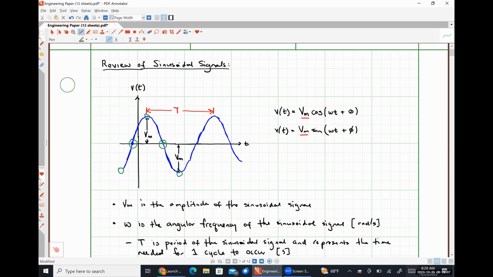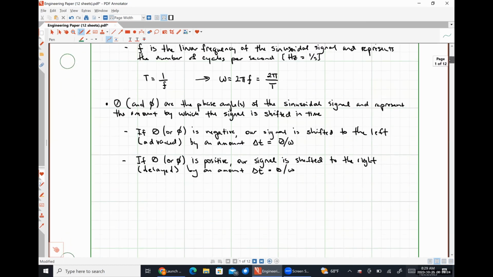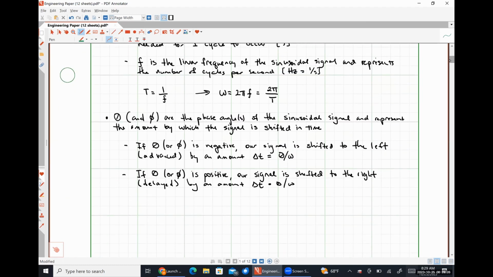That is correct. If the phase angle is negative, the signal is time shifted to the right. Well, now I have myself confused. Okay, hold on.